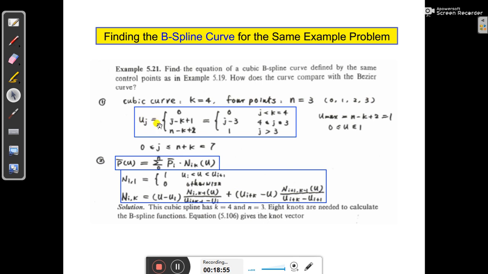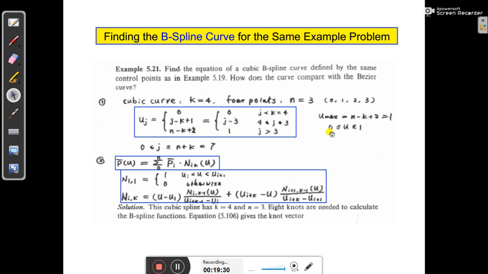Our equation for the parametric knots u_j is: 0 for j less than k, j minus k plus 1 for k less than or equal to j less than or equal to n, and n minus k plus 2 for j greater than n. Here k is 4 and n is 3.